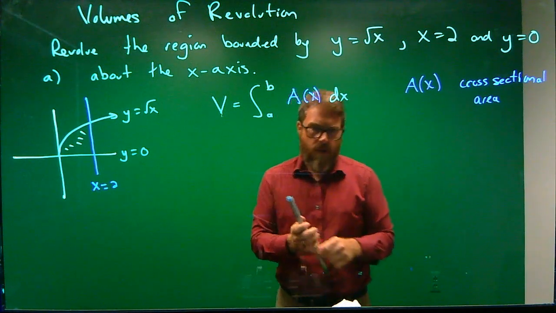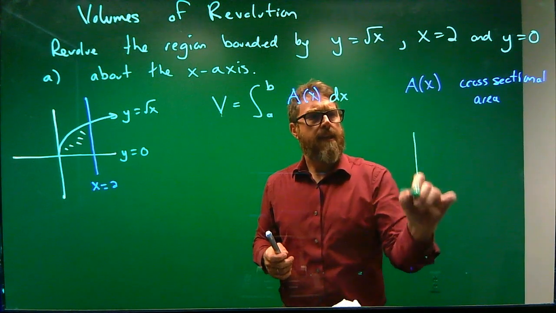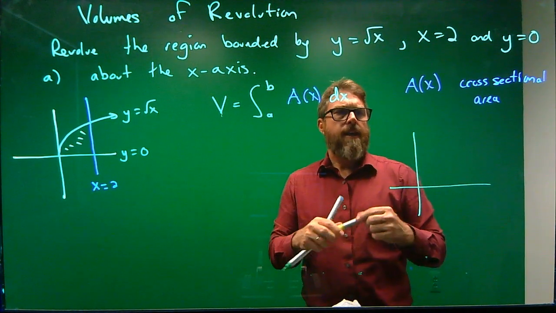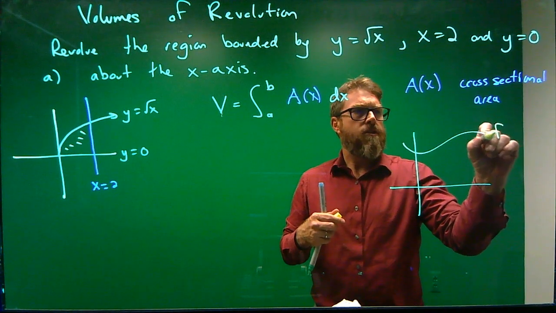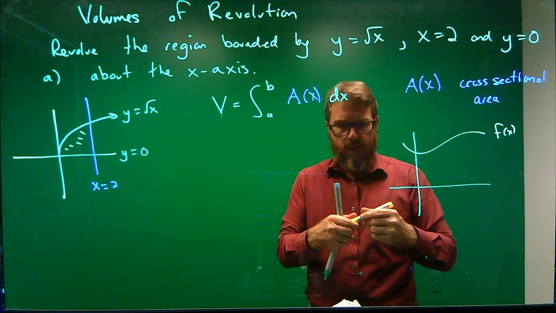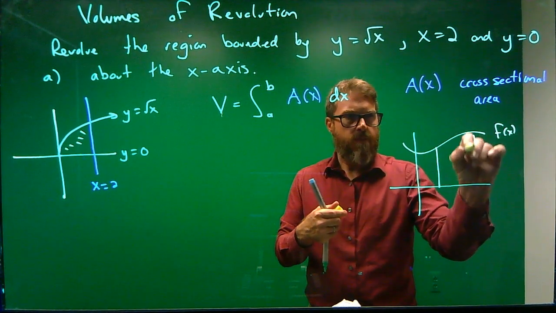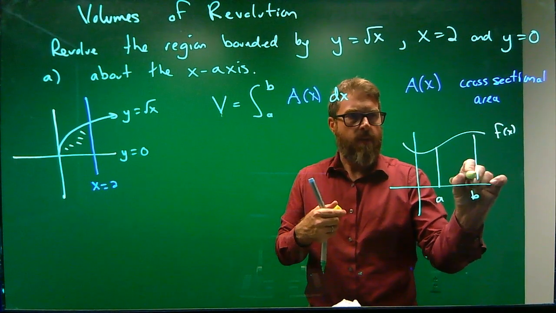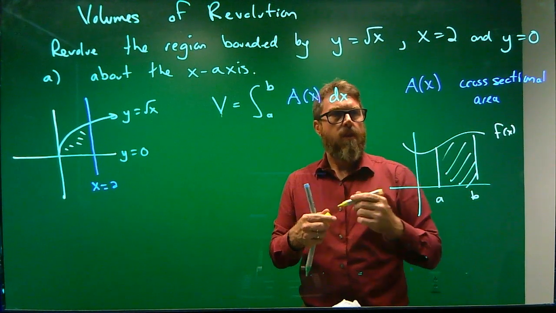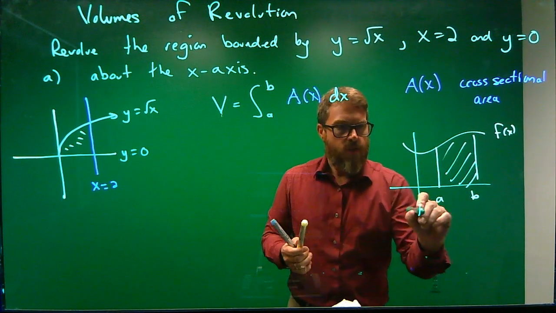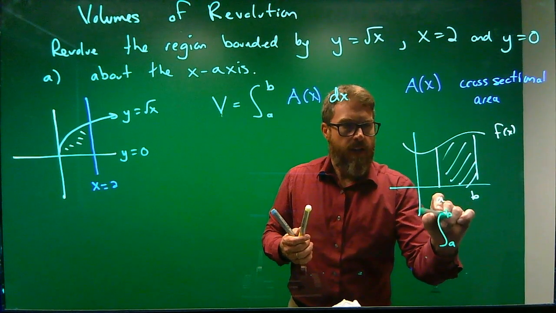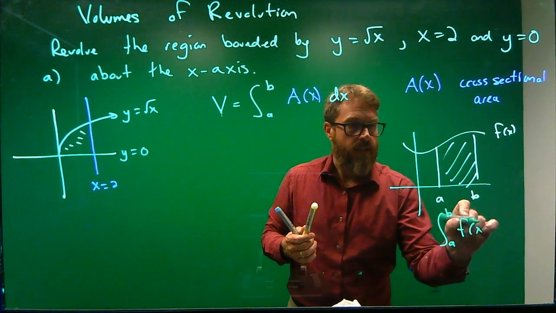Now this comes down from this idea that if I want to find the integral of a function, say f of x, from say a to b, really what you do is integrate from a to b of f of x dx.